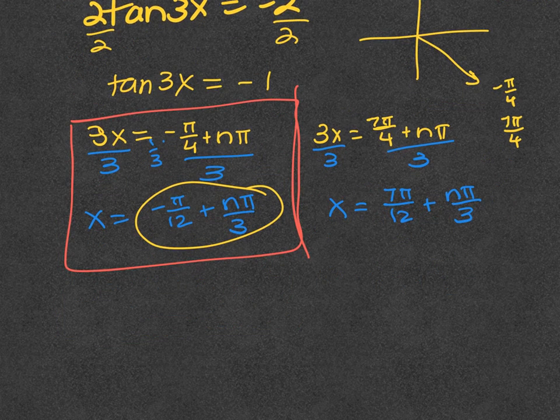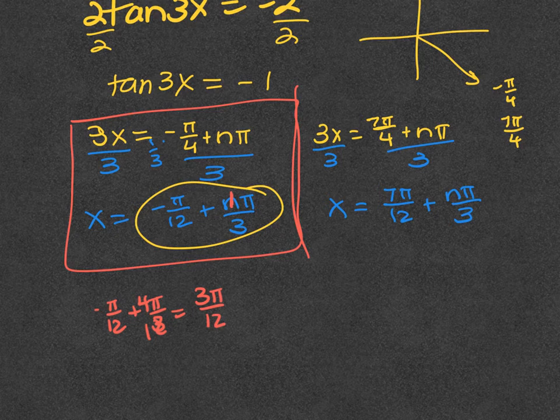But I would take that one and say -pi/12 plus, I make n 1, so plus pi/3, which is 4 pi/12, and I get 3 pi/12. Is that in between 0 and 2 pi? Yeah, so I'd simplify it, but I'd keep it. Pi/4. Then I add again pi/3 or 4 pi/12, and I get 7 pi/12.